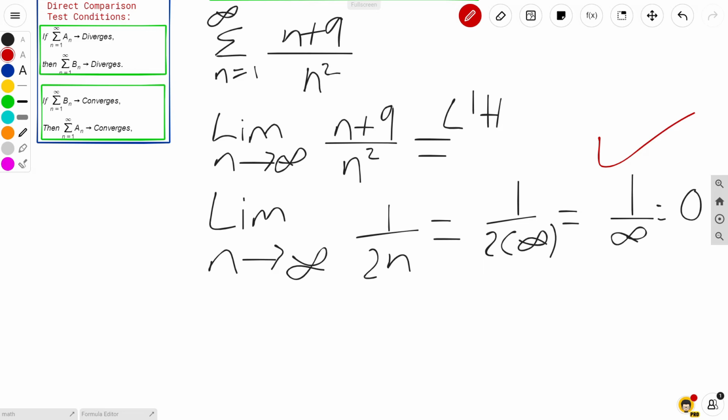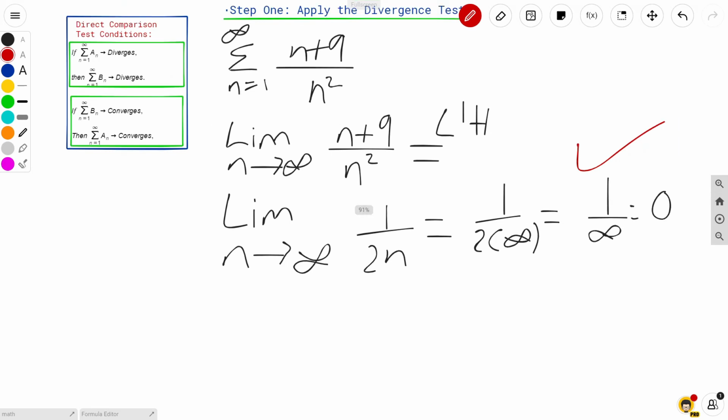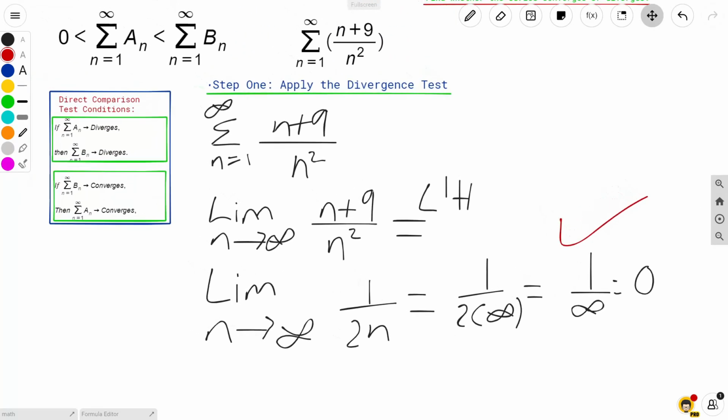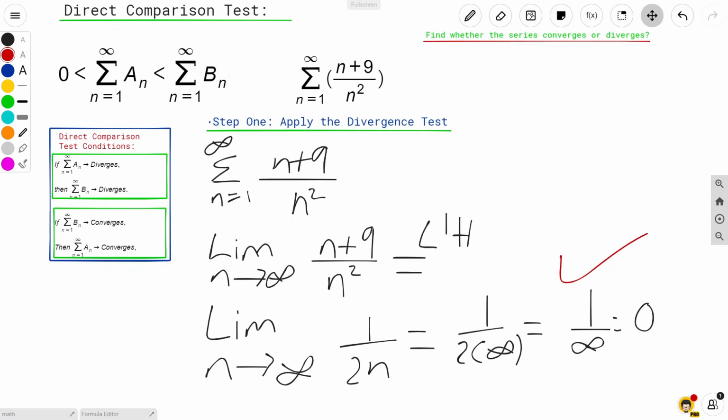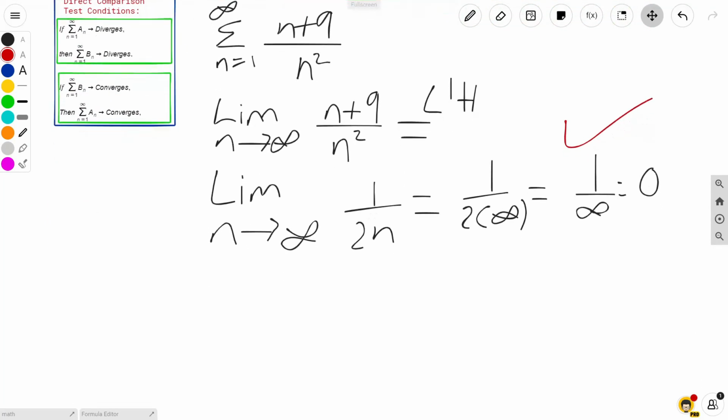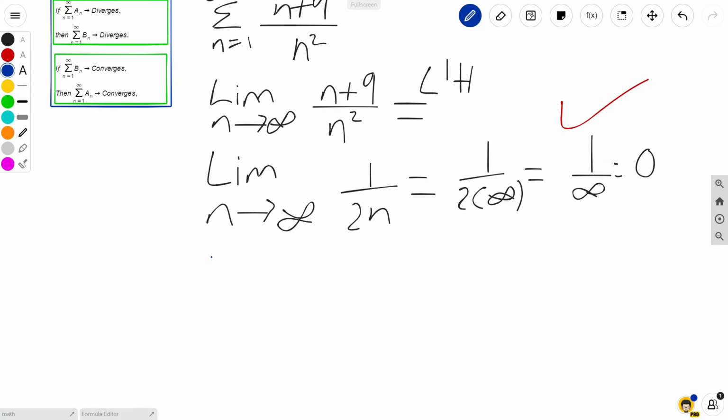So now what we're going to do in the next step is, now that we know it passes the divergence test, we're going to attempt the direct comparison test. For step 2, we're going to apply the direct comparison test.